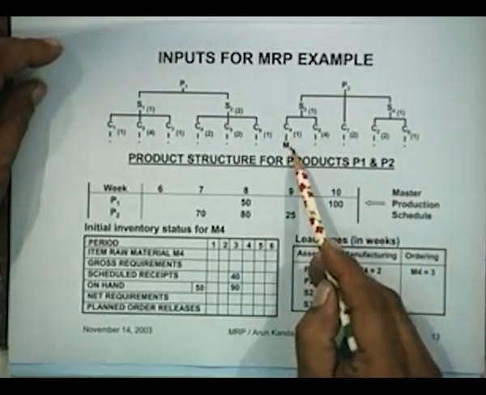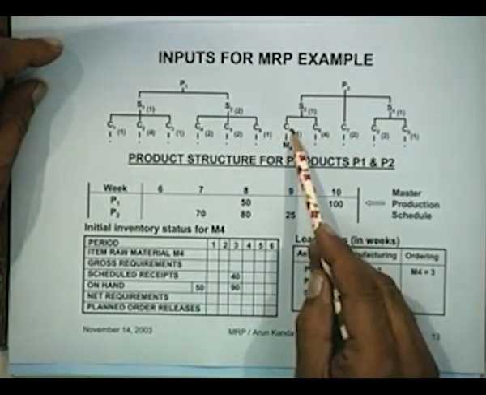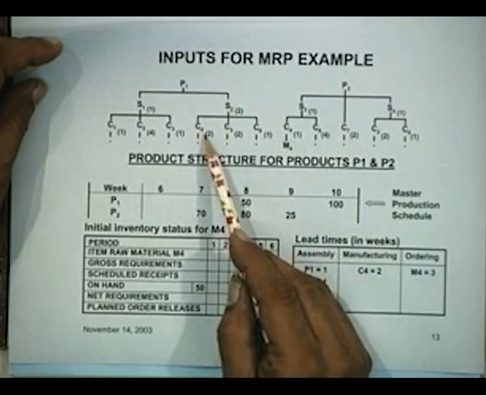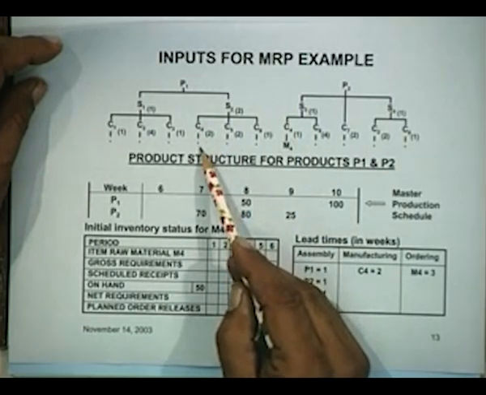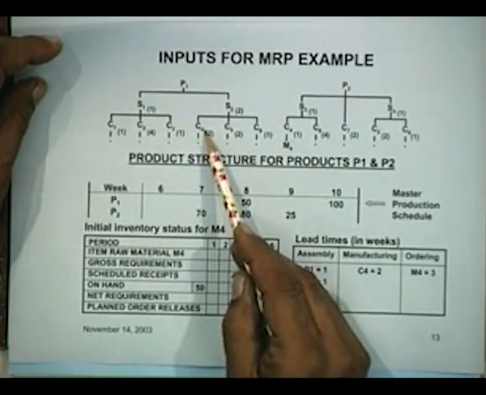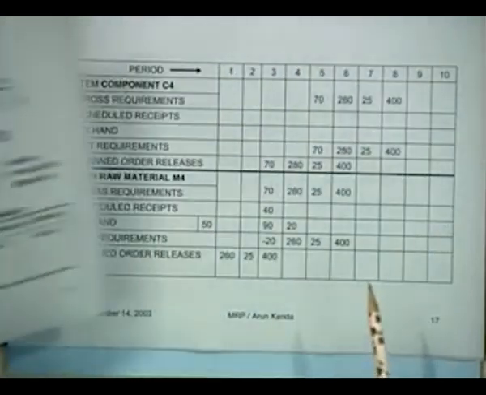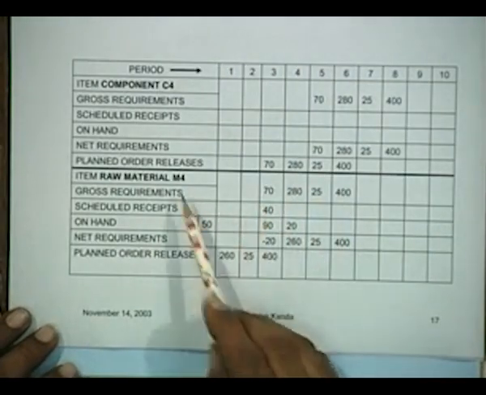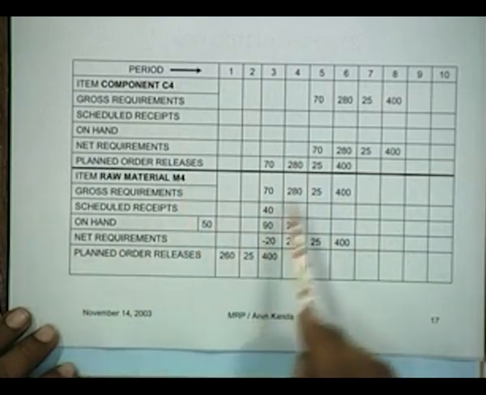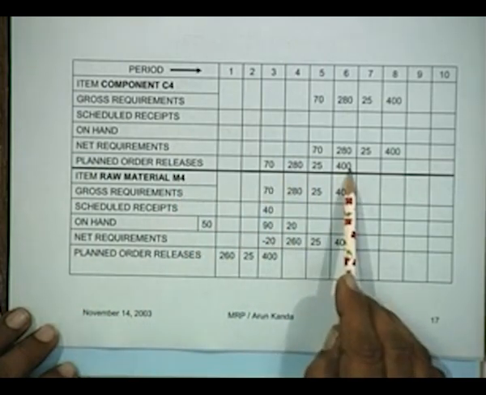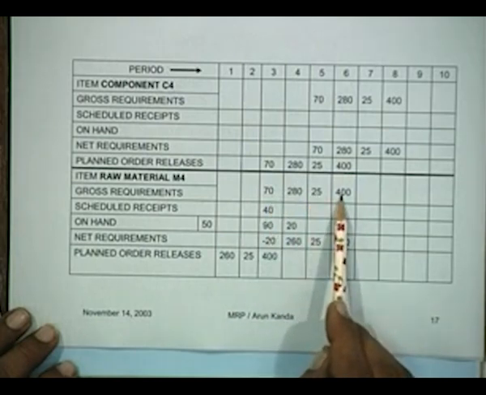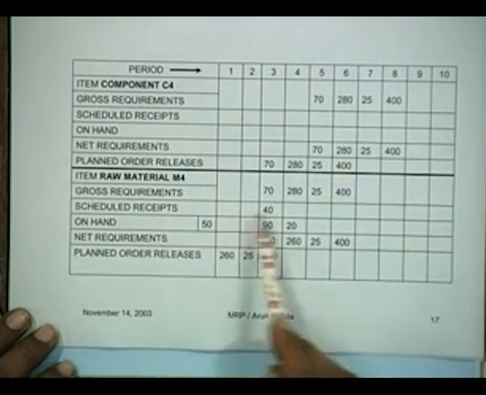Each unit of M4 is required in a unit of C4. So the total requirements for item M4 will be whatever has been computed already for component C4, which is 70, 280, 25, 400, and then the scheduled receipts for this component are 40.